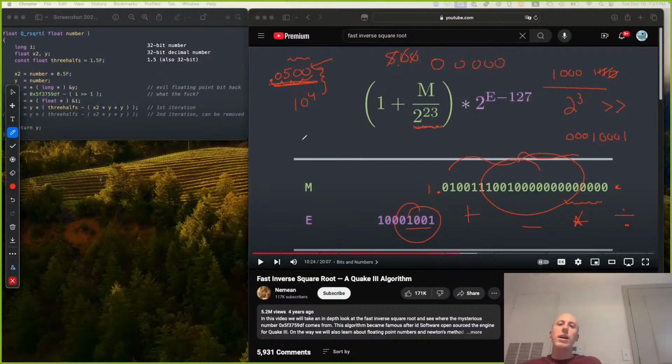Like how would you add two numbers in scientific notation? 1.057 times 10 to the 6th plus 2.2 times 10 to the negative 3rd. Like, how would you actually do that?